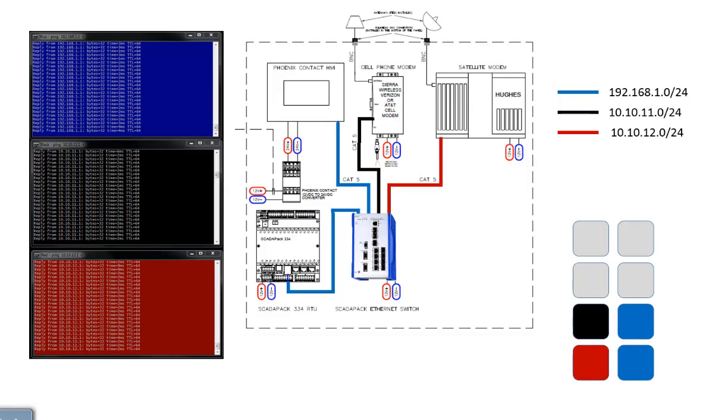Hi, this is going to be a walkthrough of how to configure our RSP, specifically the layer 3 version for routing. I have a specific application that I've been asked to fulfill, and we're looking at either utilizing the Eagle 30 or the RSP layer 3.